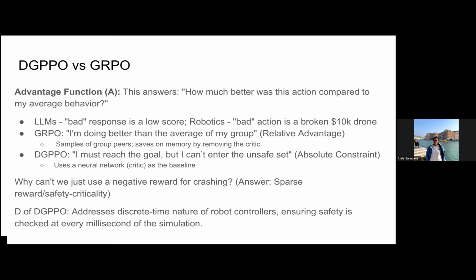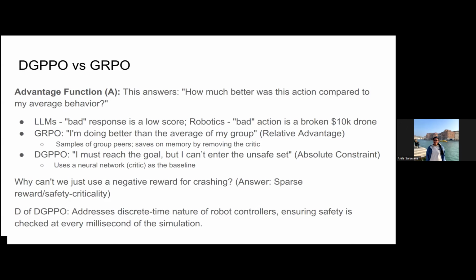A CBF gives you mathematical guarantees on your safety, because you're applying a hard constraint where if you cross a certain threshold, you're in an unsafe region. By learning where that boundary falls based on your relationship to your neighbors, if you're going to take an action that would take you over that boundary, you ignore the reward you would get from that action, and then you take a corrective action to get back into your safe set.